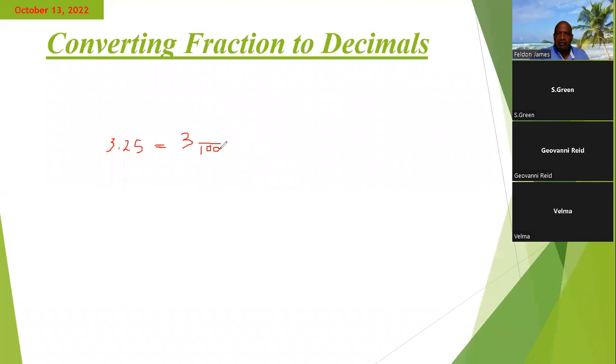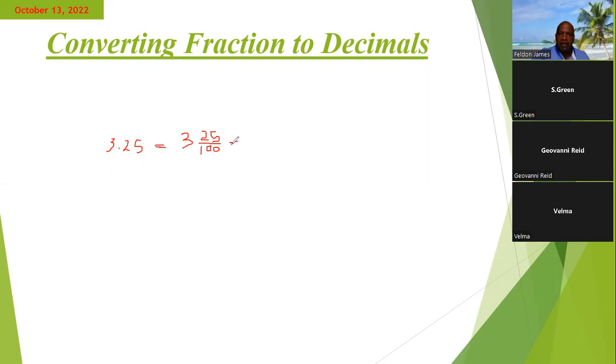Once you write the respective power of 10 down here, then the digits that come after the point, you write them as the numerator. So that would be 25 over 100. Now, all that remains is to simplify this 25 over 100 into an equivalent fraction. So what can we do here?